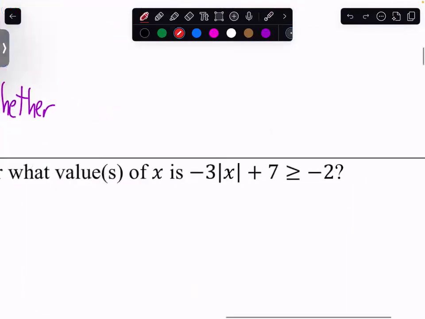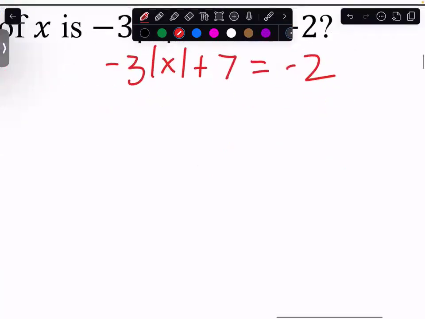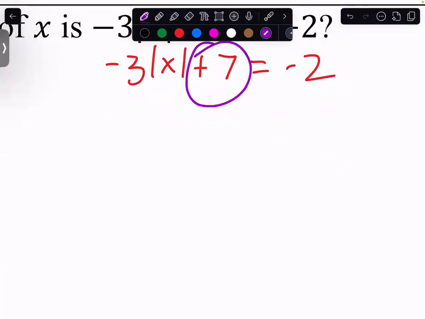So turn that symbol for now into a regular equal sign, and get your two key values the same way we've been doing the past day and a half. Yeah, so again, you don't want to divide by -3 right away because this would turn into a fraction. So let's start by getting rid of the +7 by doing the inverse, which is -7.